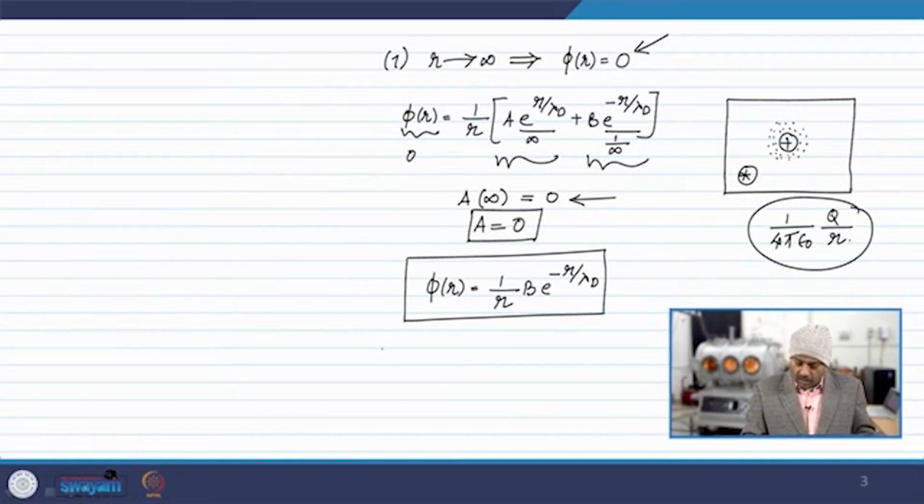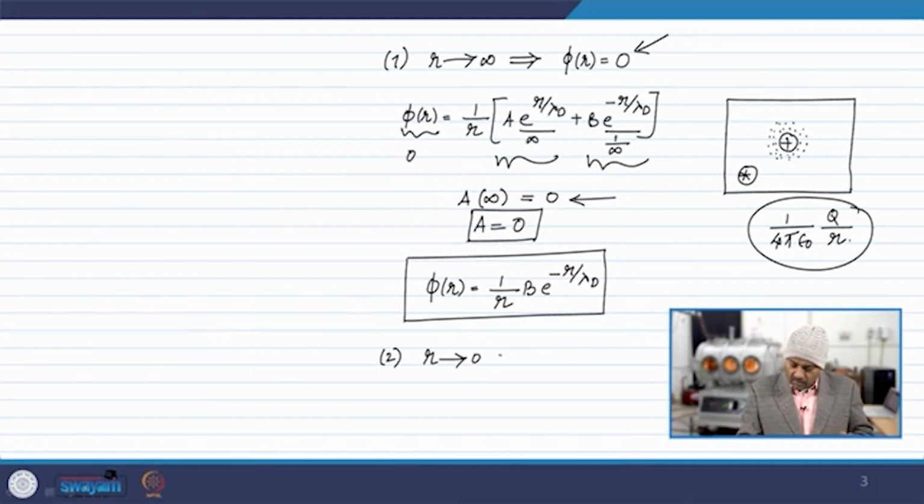Let us take another extreme condition or another boundary condition. Let us say when r tends to 0. What happens when r tends to 0? You are at the positive charge itself, right.